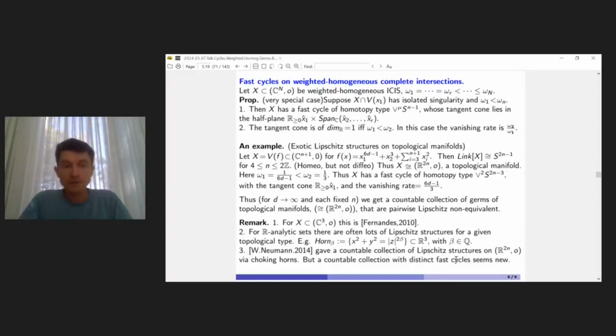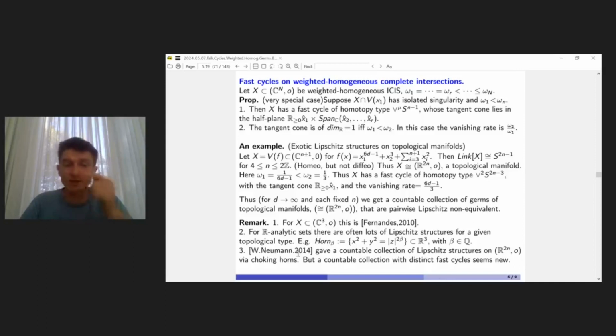Okay, so yes, just to mention that Alexandre in the chat comments that the exotic Lipschitz structures are contained in a paper of his with Vincent Grandjean, Don O'Shea Lab in 2014. I think it is the same paper you mentioned, right? Yes, with an appendix by Walter Neumann.